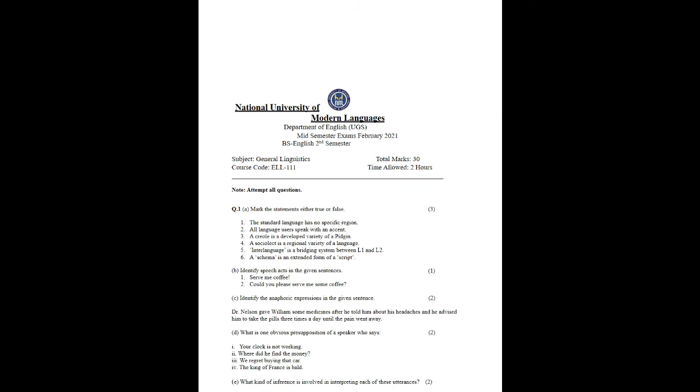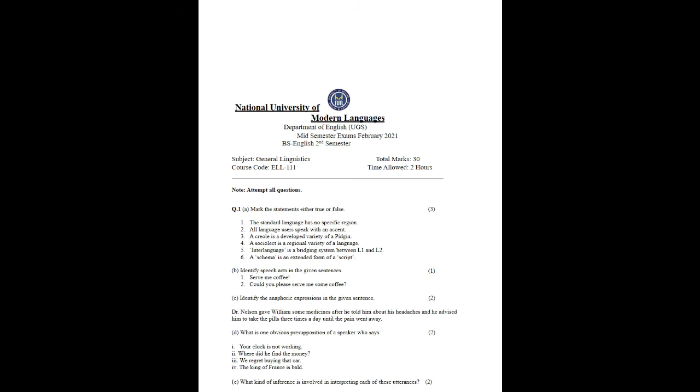The sentence is, Dr. Nelson gave William some medicines after he told him about his headache, and he advised him to take the pills 3 times a day until the pain went away. So the anaphoric expressions in this sentence are he, his, the pills, and him also.